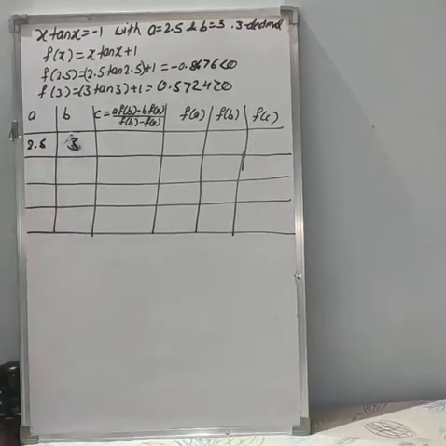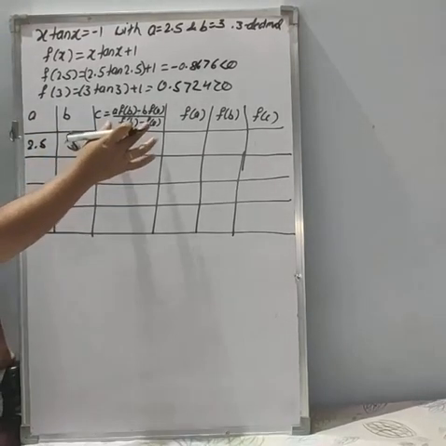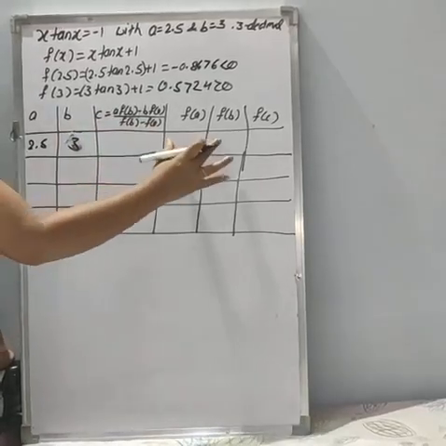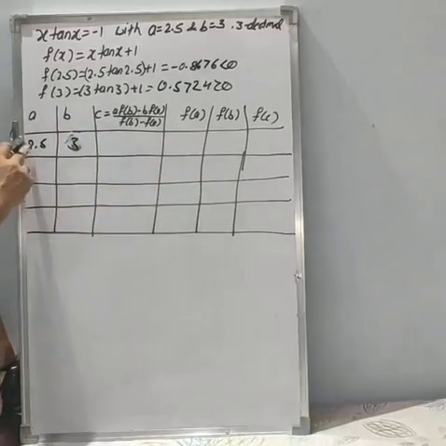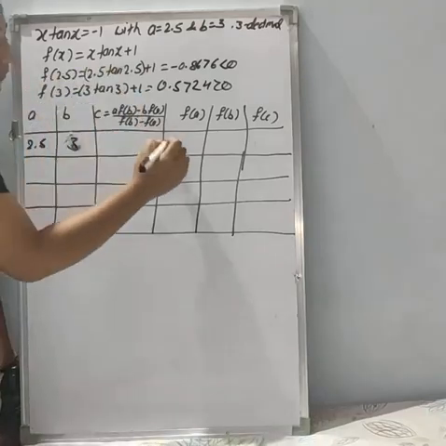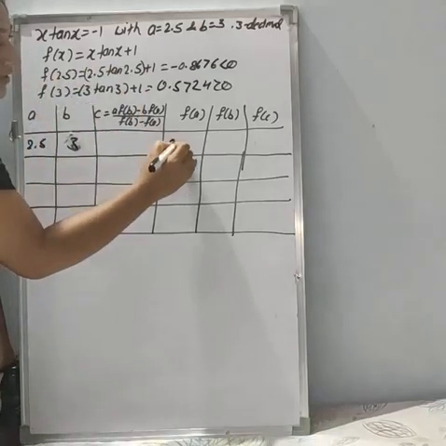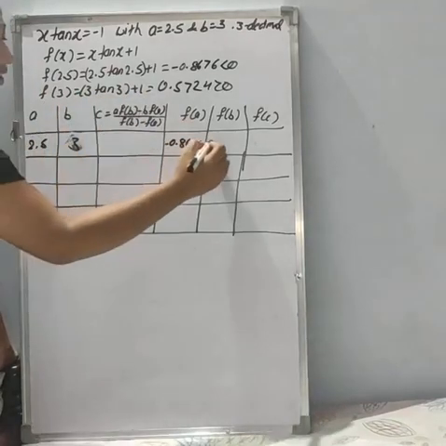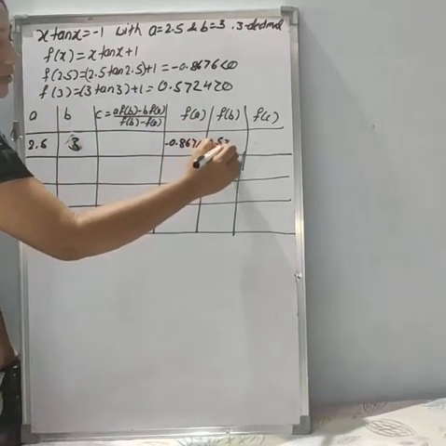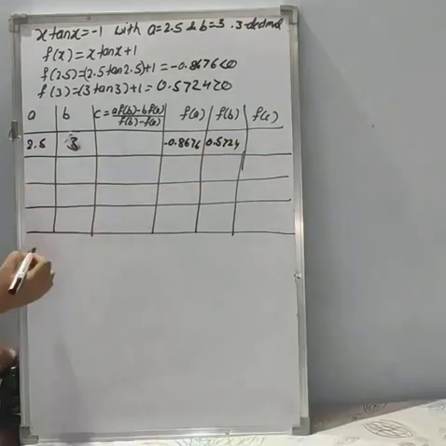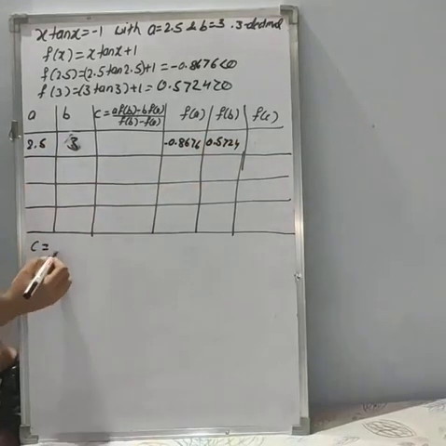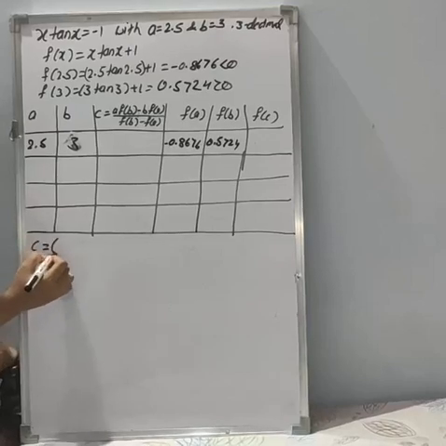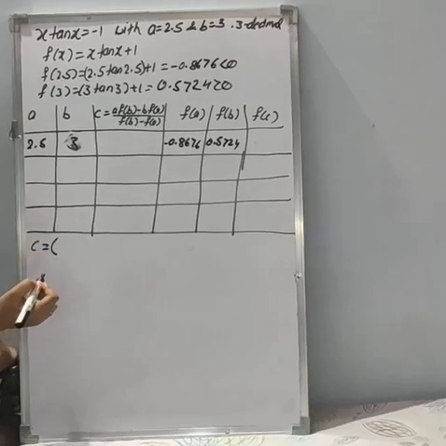Okay. Now we have to find the value of c using this formula. For that, first write down the f(a) and f(b) values. A is 2.5, so f(2.5) is -0.8676. B is 3, so f(3) is 0.5724. Now we will use this formula. c is equal to a into f(b), and as I have already explained, put that term in the first bracket.